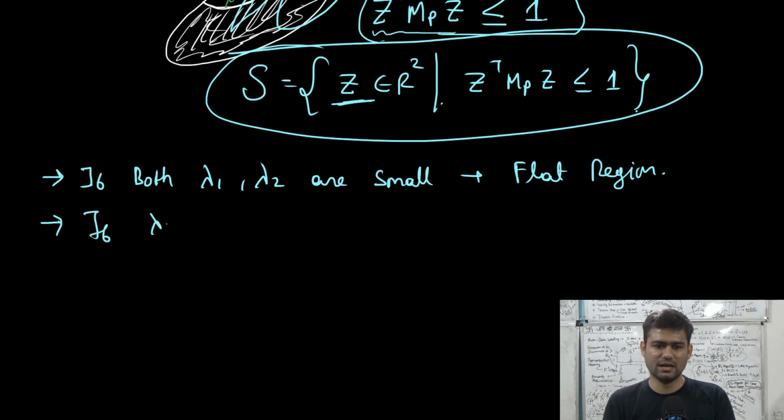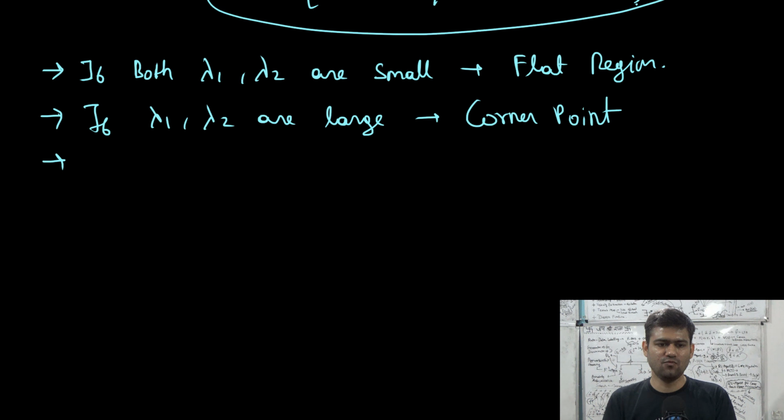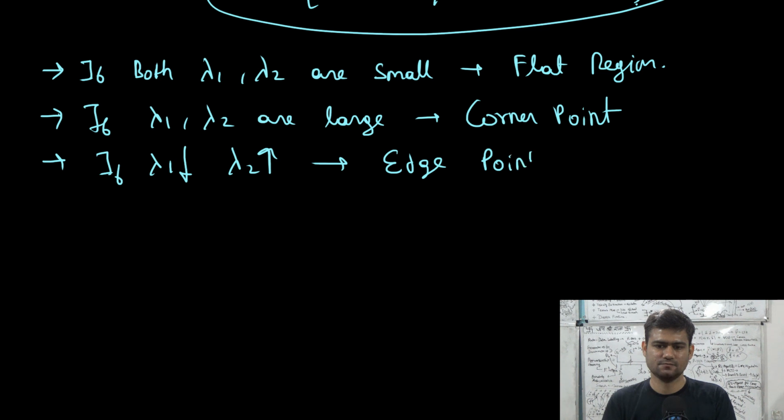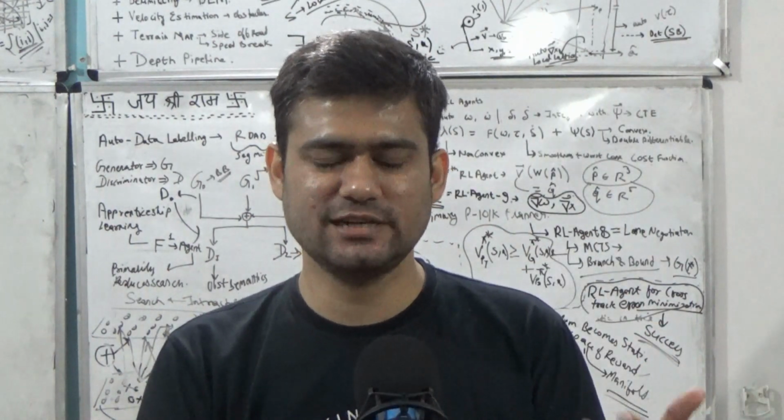If both lambda 1 and lambda 2 are large, then this denotes a corner point. And if one eigenvalue is small, let's suppose lambda 1 is small and lambda 2 is high, then this denotes an edge point. So this essentially covers the entire Harris corner detector algorithm.